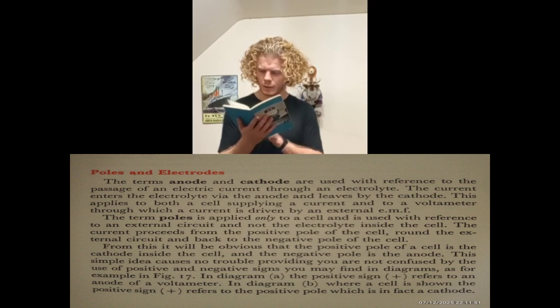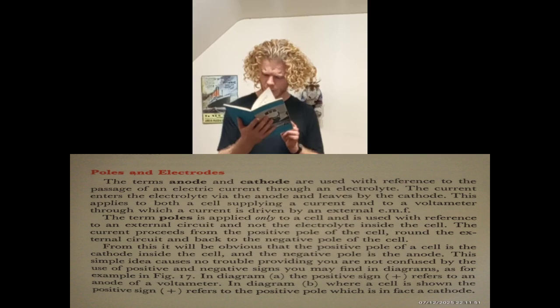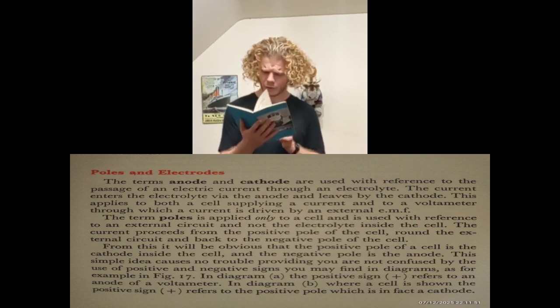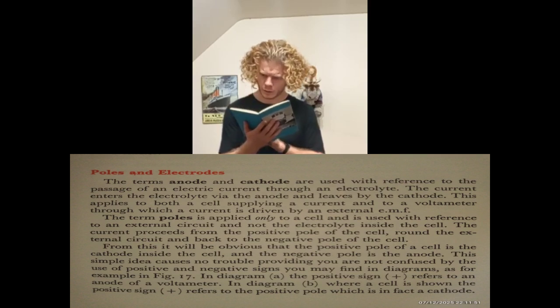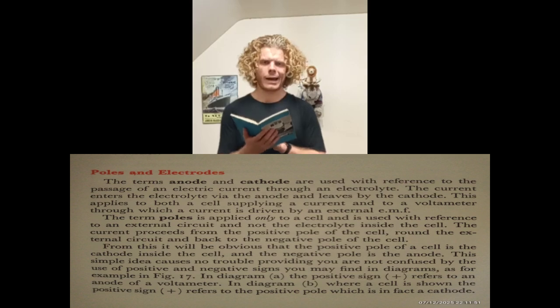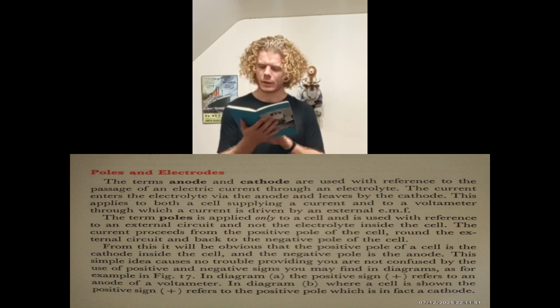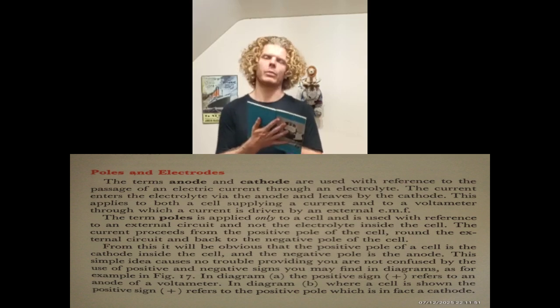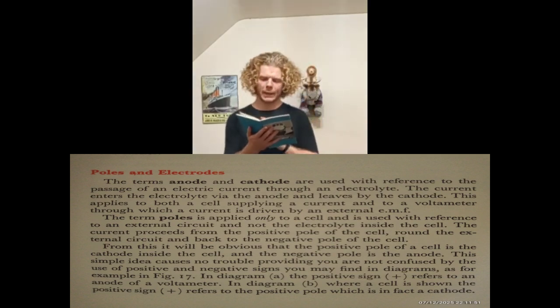In diagram B, where a cell is shown, the positive sign plus refers to the positive pole which is in fact the cathode. I don't get it. But we have the basic things about the words when we appear again. That means we can still follow.